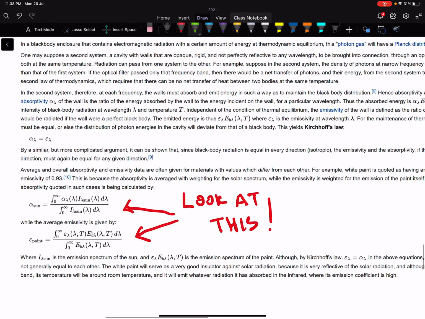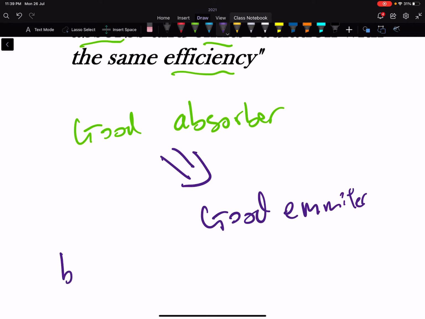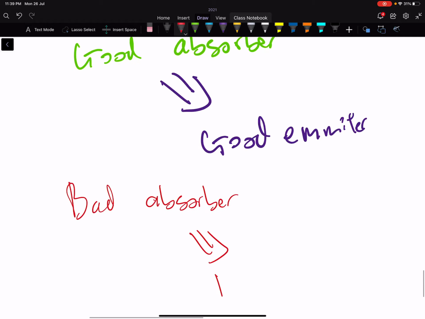Hence, a good absorber will basically be a good emitter, and also if you have a bad absorber, you will also get a bad emitter of heat.